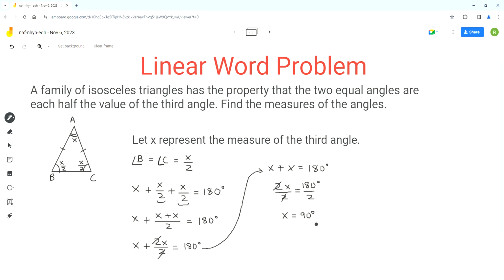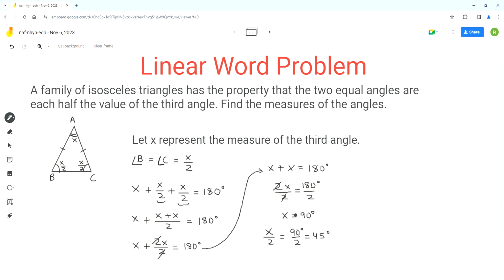So that's the measure of angle A. And now we can find the measure of angle B and angle C, both of which are equal to x over 2. So we divide x by 2, which is also 90 degrees. So 90 degrees divided by 2 is equal to 45 degrees.